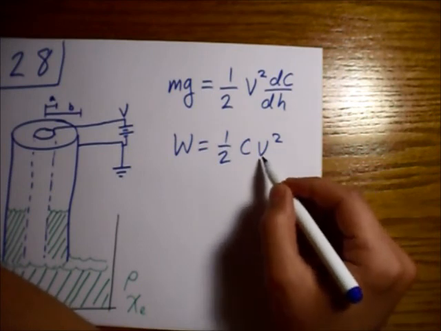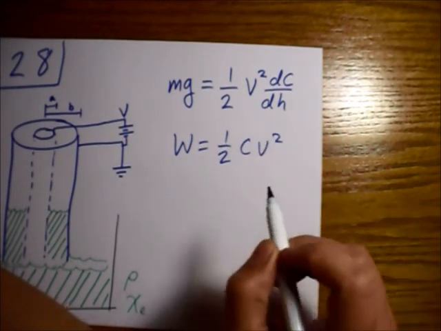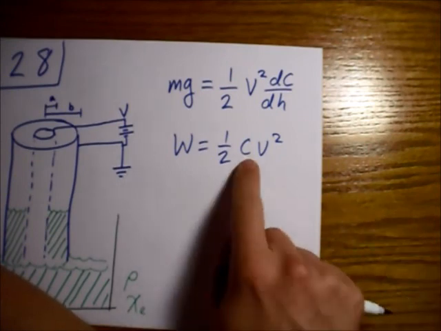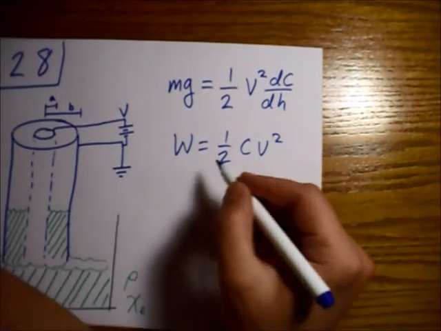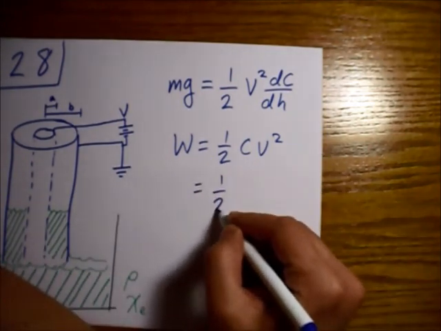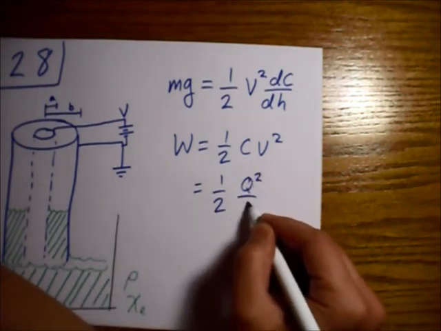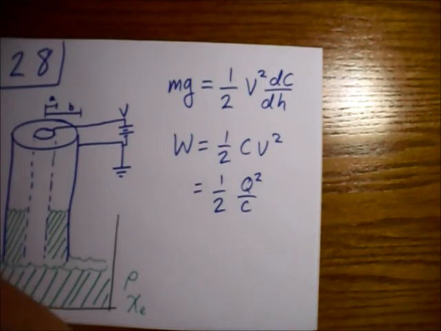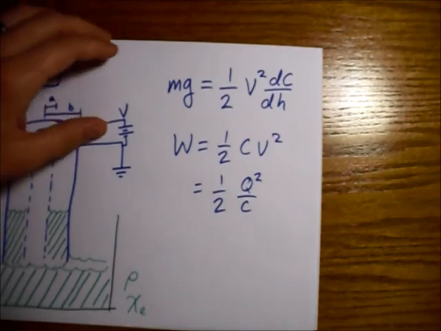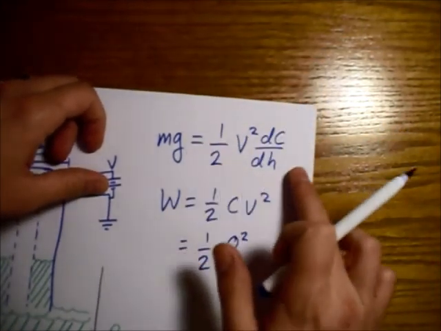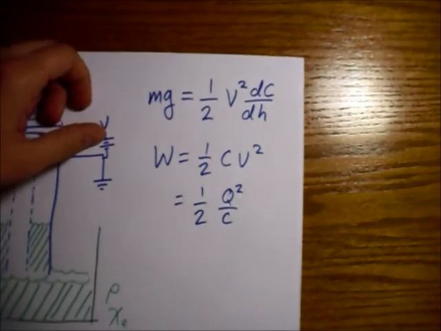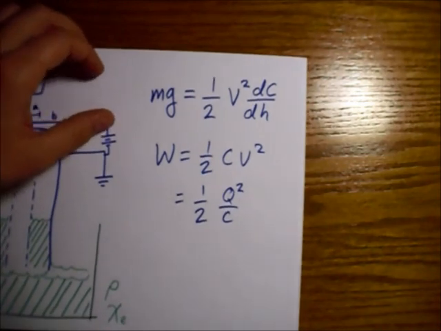So you don't hold the potential constant, you hold the charge constant. So you rewrite this as a 1/2 Q squared over C. All right, and then holding the charge constant, you can derive this formula here for the force.